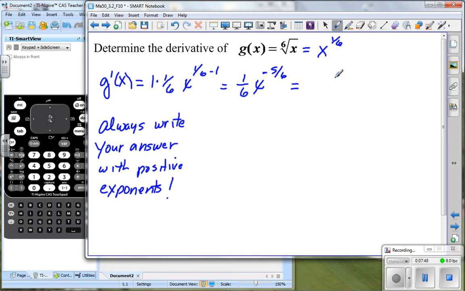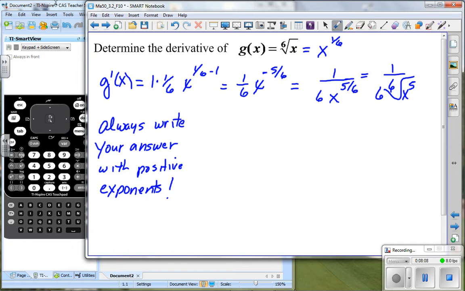Okay, going on then, our answer would be 1 divided by 6 times x to the 5/6 power. There's no need to rationalize that. You could, if you wanted to, convert that into a radical, but it would not be necessary.